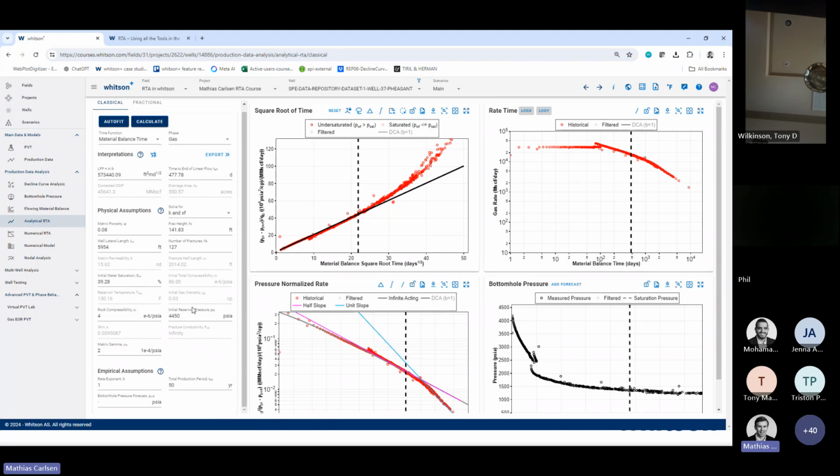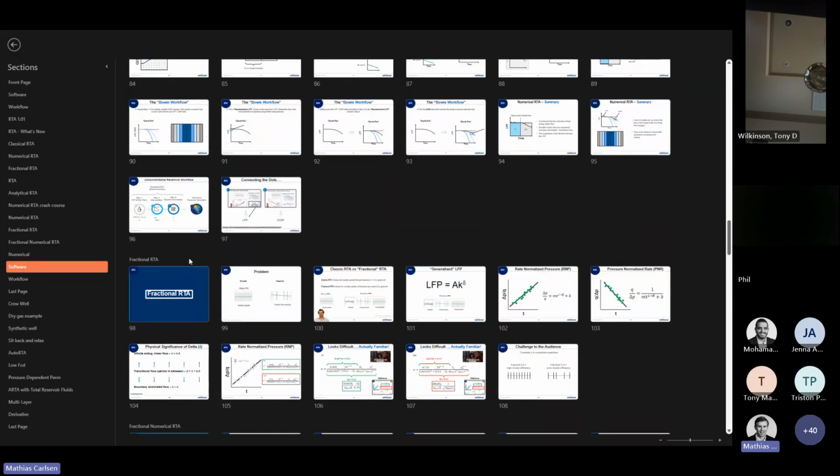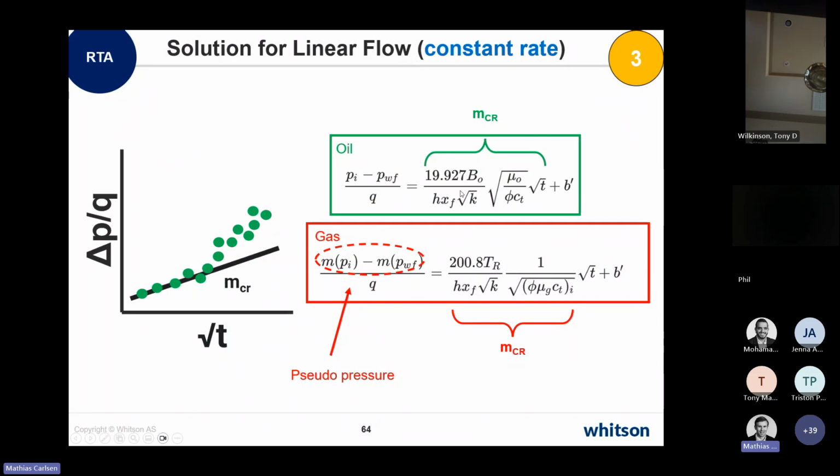That's a great question, and I'm glad that was asked. But the problem is, even if you're not multi-phase, here you're assuming constant PVT properties. I'm going to repeat that. If you remember, when we went through these classical equations in the course, they assume PVT properties, but these PVT properties are at initial reservoir conditions, and that's not rigorous.